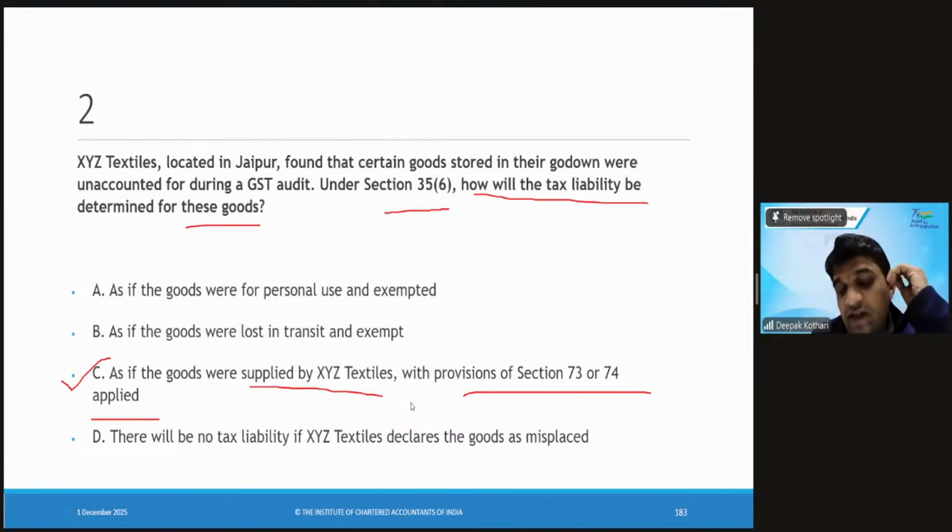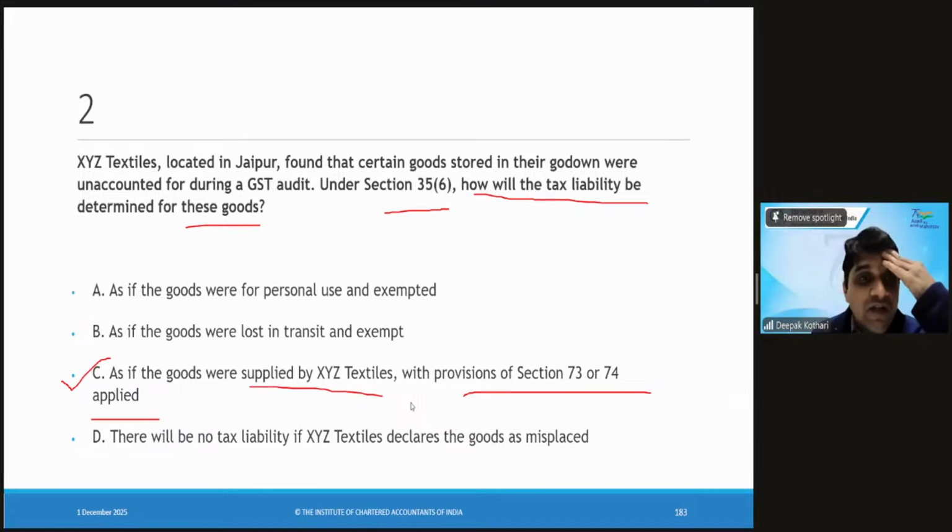So what 35(6) says is that the person who is the holder of those goods will be treated as the person who is doing all these things, because somebody else might have done it, but it is found in their godown. So it is always assumed that the godown holder, in this case XYZ textile, had some goods found in their godown.